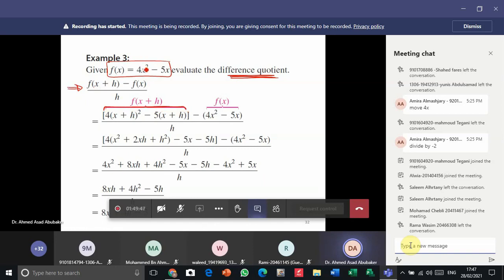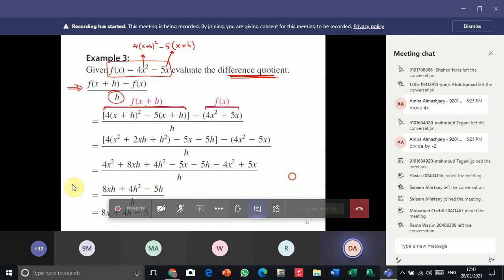It means this x is replaced with x plus h, squared, and minus 5, replace this x with x plus h like this. Any x, replace it with x plus h with the brackets مع الأقواس. Minus f of x, this is an example. Over h, always over h.